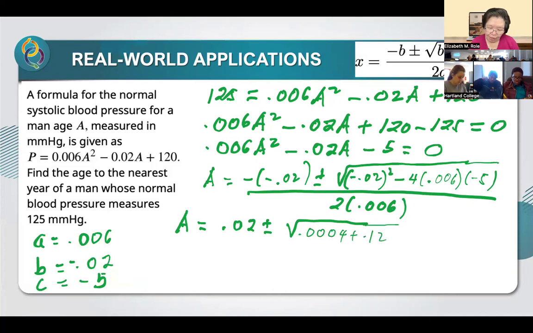That is 0.12. So we add 0.0004 to 0.12, so it's 0.1204. All over 2 times 0.006, which is 0.012.